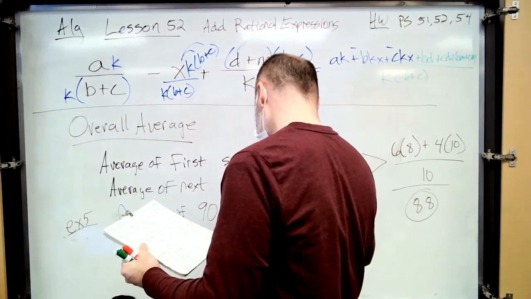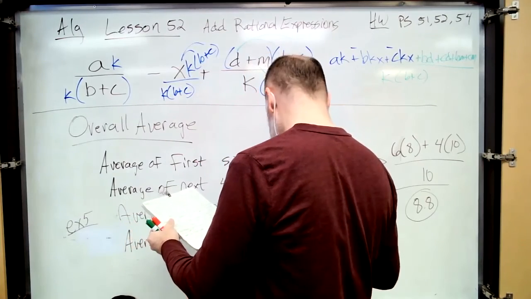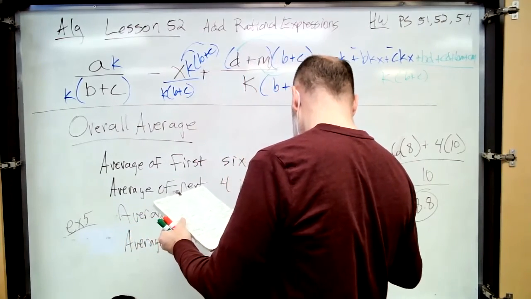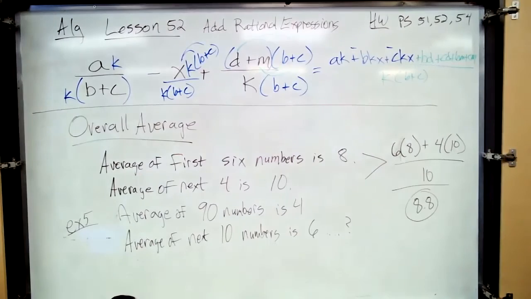So how many numbers total? 100. What's the overall average? See if you can figure that out. I don't think you need a calculator. I think you can do this in your head because you're dividing by 100. That's easy.